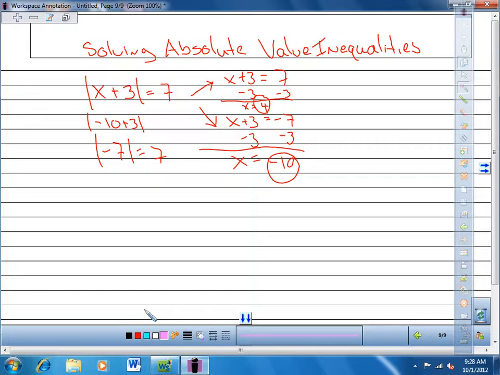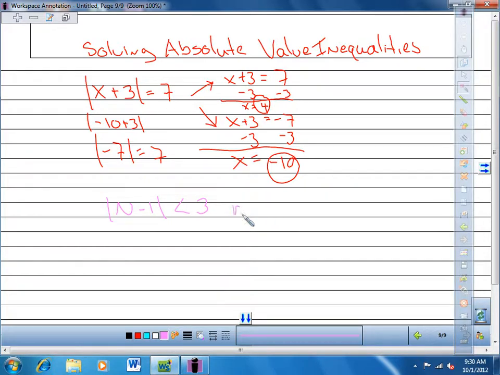So if I have something like this, n minus 1 absolute value is less than 3. You do a similar thing, okay?